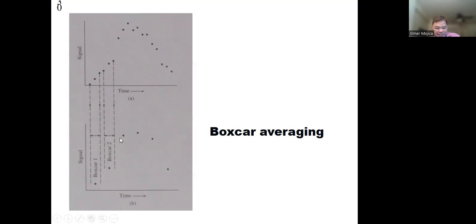So you look at this point by point, looking at the difference in your spectrum. Let me check my notes on boxcar. So in boxcar averaging, you average adjacent data points in a single scan. So the sampling rate must be sufficiently high to minimize distortion of your analytical signal.